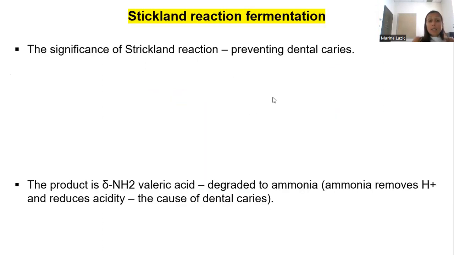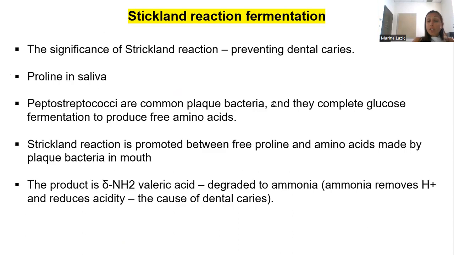Now, this Stickland fermentation reaction is happening in our mouth. Basically, you have proline in your saliva, and in plaque there are bacteria that are usually peptostreptococci. This is important, I would like you to memorize it. These peptostreptococci complete glucose fermentation and make free amino acids. So the Stickland reaction happens between free proline that we have in the mouth and amino acids made by plaque bacteria.